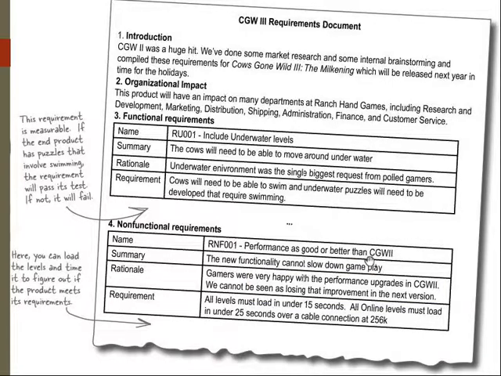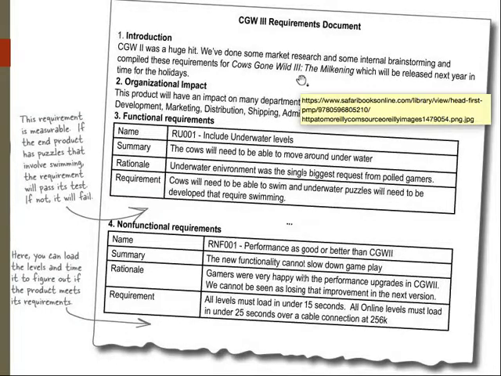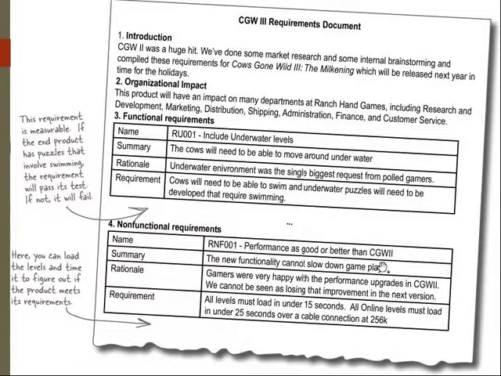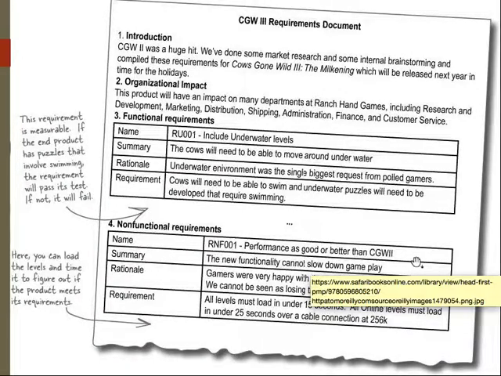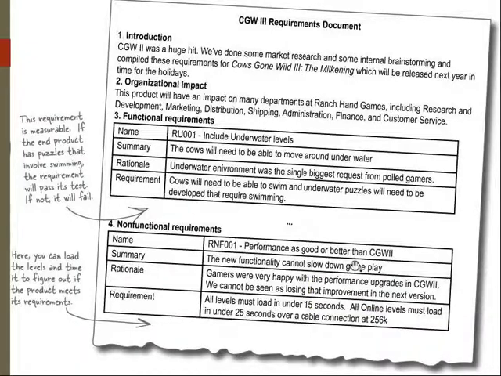This one says Cows Go Wild 3 has to perform better than Cows Go Wild 2. In what way? That means it cannot be any slower. If it's slow, then players will lose interest. And the summary would be: new functionality cannot slow down the gameplay.